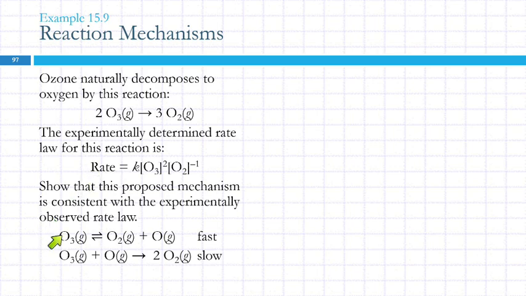So if we look at the slow step, an elementary step, we can predict the rate law for that one. Rate would equal a rate constant times O3 times O, right?